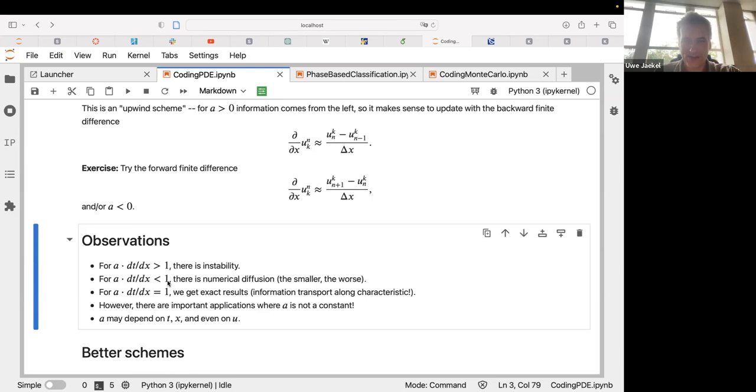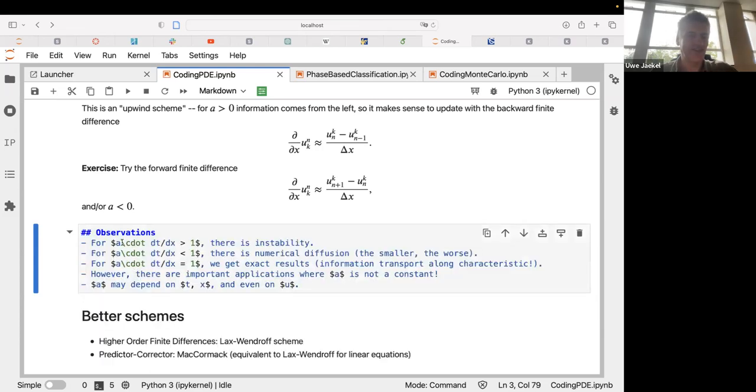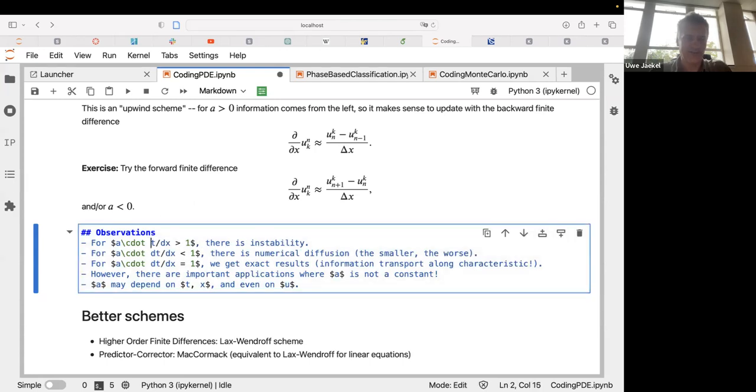We can avoid the instability completely if we choose A times delta t. I just see that I should replace that with a delta, not with a d.